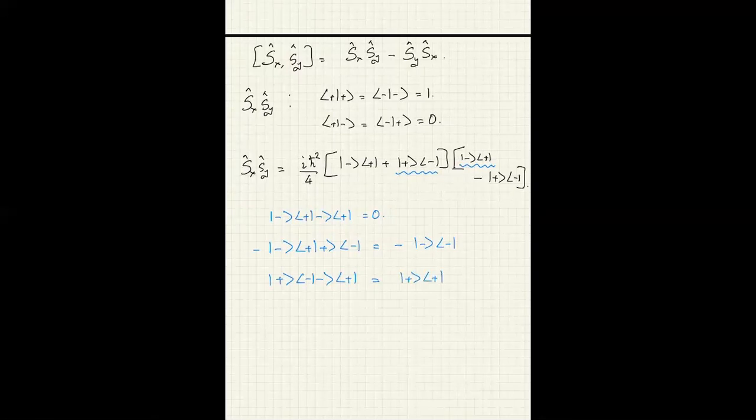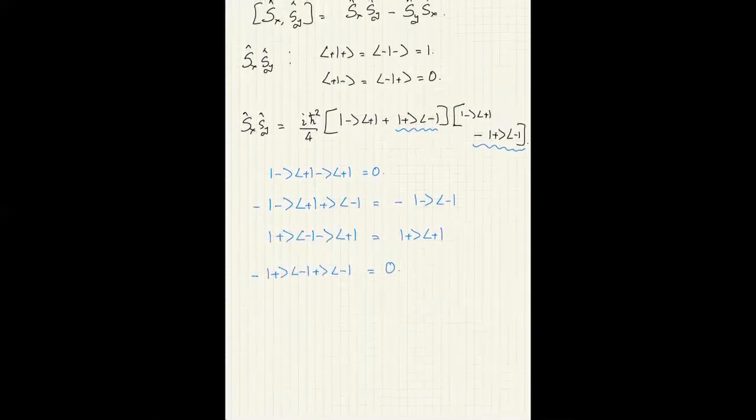And as a last step, I will multiply this with this, and I will get plus, minus, and there is a minus out front, plus, minus, and this would be equal to 0. Okay, those are the 4 terms that you would get if you construct this operator SxSy.